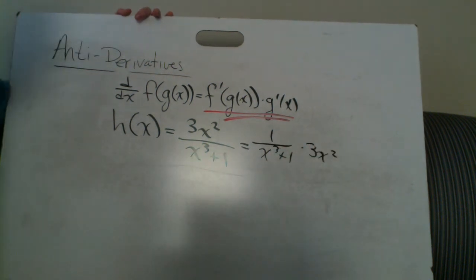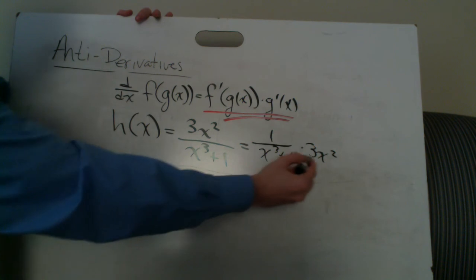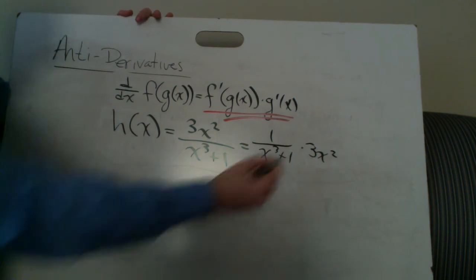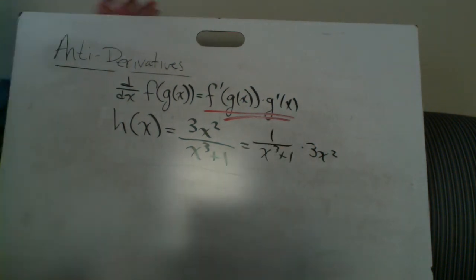By rewriting it in this way, it looks much more identical to the chain rule, right? Where this looks like our g prime, and this looks like our f prime of g. So I'll make a side note to myself. Hey, if g prime is 3x squared, that's tough because I don't know exactly g.